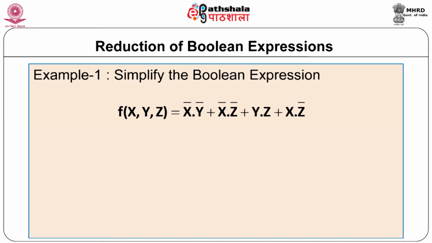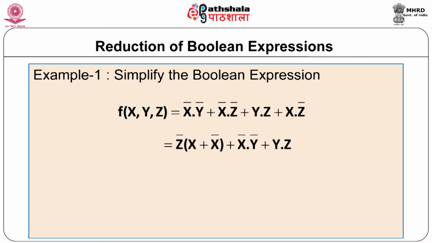Now, let us take z bar common from the second and fourth term. So, by taking z bar common, we get z bar ANDed with (x OR the complement of x) plus the remaining 2 terms as shown here.